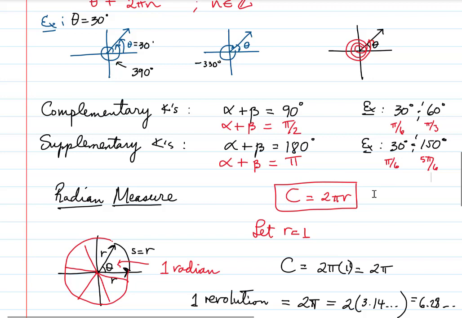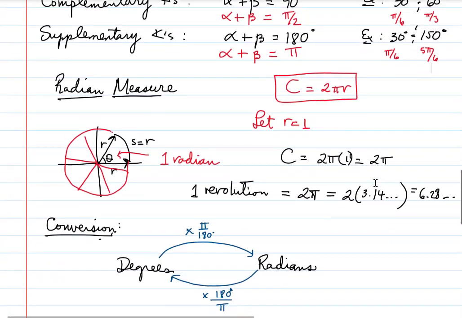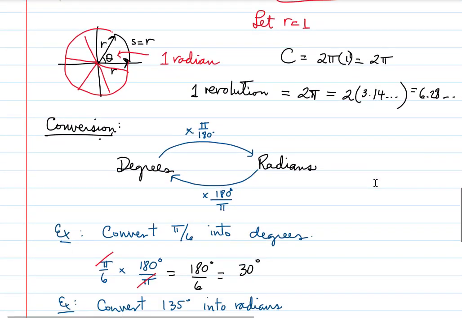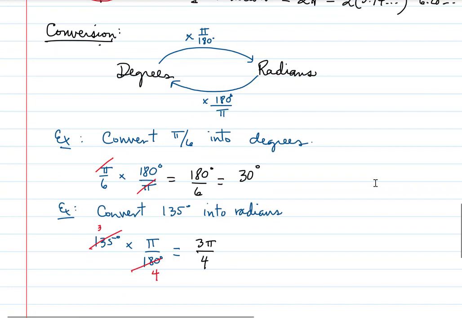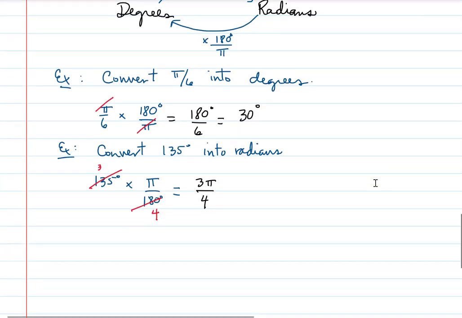So if you're good around fractions, then you should be able to quickly do those. If not, you can always use your conversion to go back and forth. It may take you a little bit at first, but hopefully with practice, you'll get a little bit more proficient with using radians.